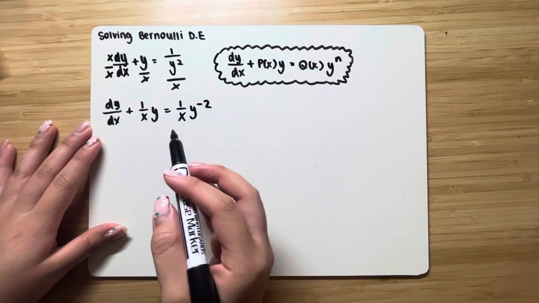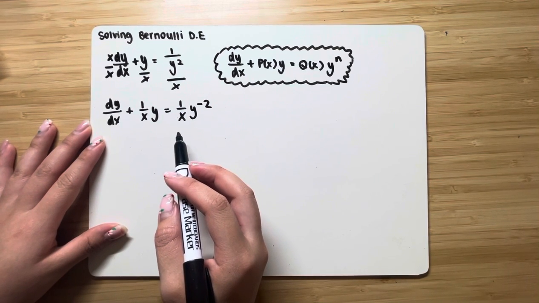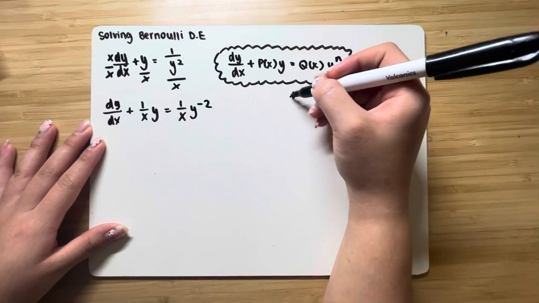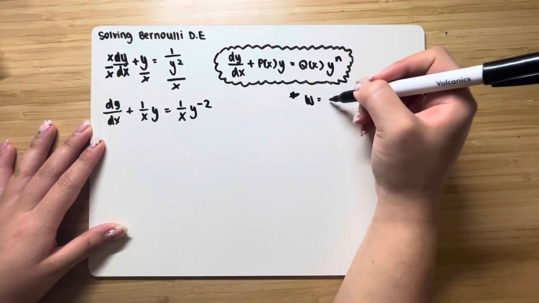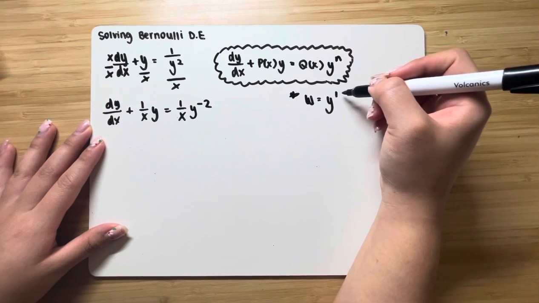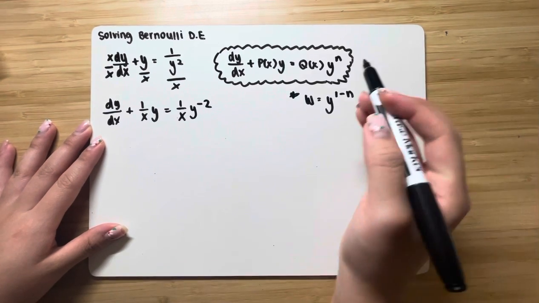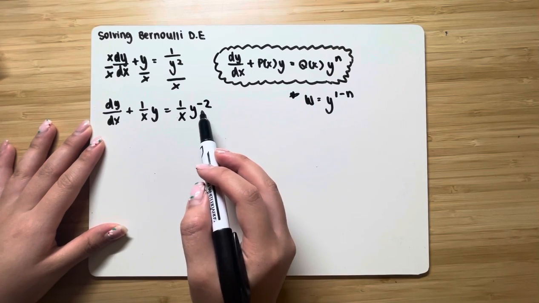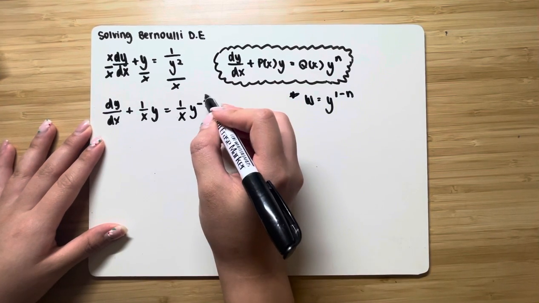Once you have this form, you want to then find w. And now, what is w? W is going to be y to the first power minus n. And we see here that this is n. The n here in this case would be negative 2.